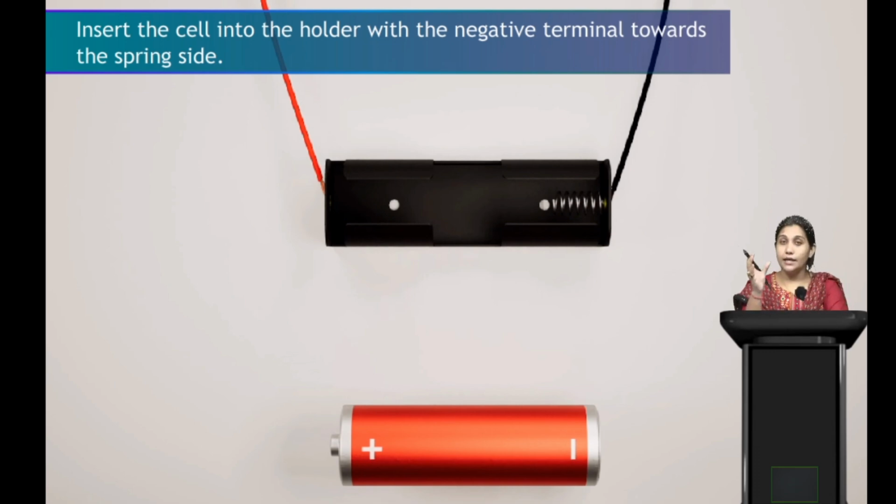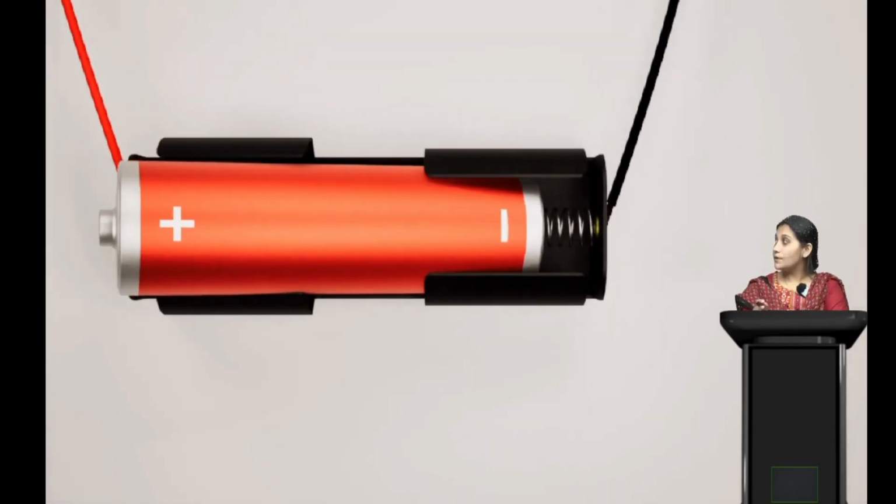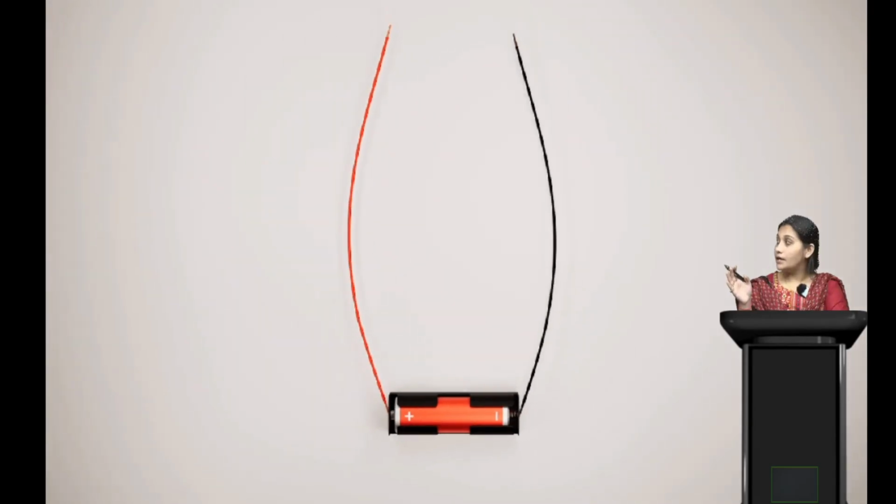We will put the negative terminal of the electric cell towards the spring side of the cell holder. Like this, we push the spring towards the negative terminal of the cell.